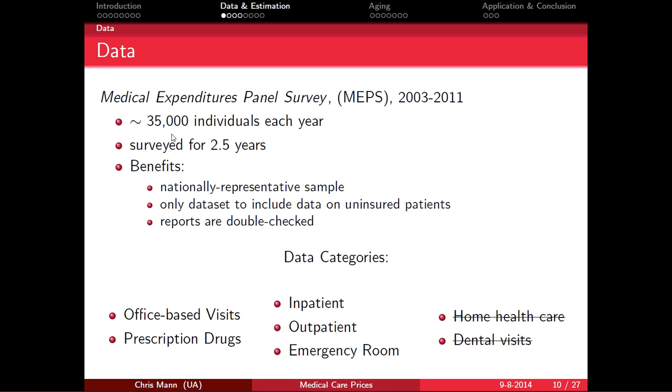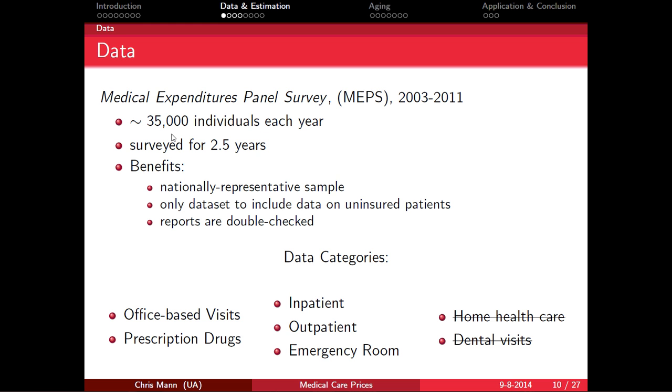Okay? So the MEPS is broken up into a series of different event files, right? So whenever someone's surveyed in the MEPS, right, they list how many times they went to the doctor, what the cost of each visit was, what kinds of services were included during that visit, right?